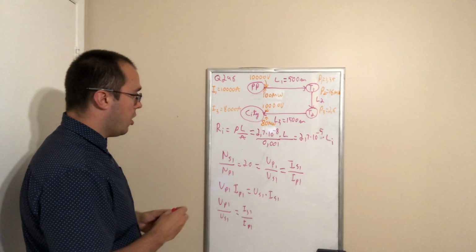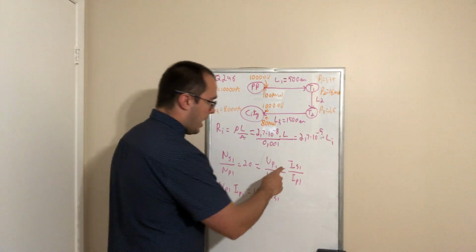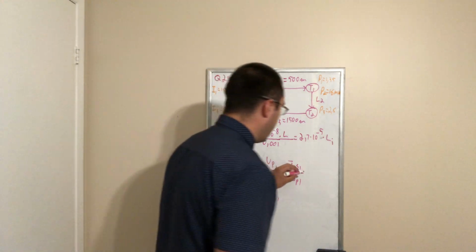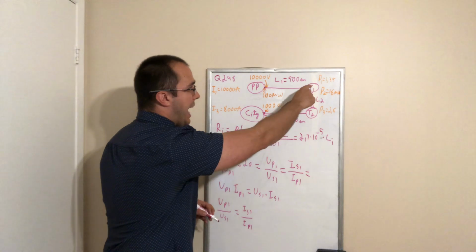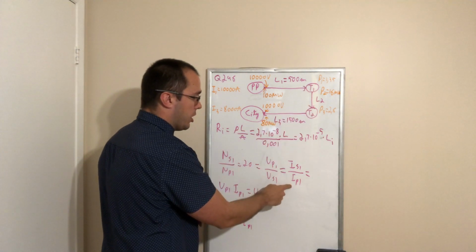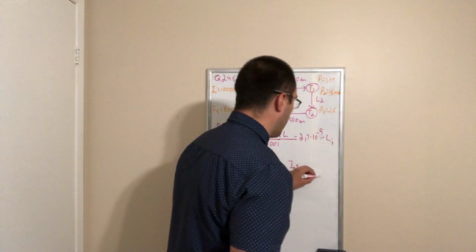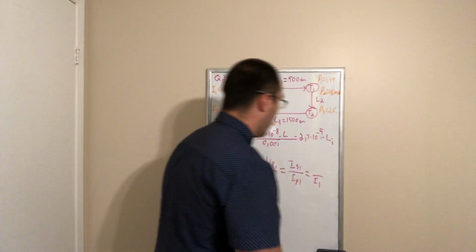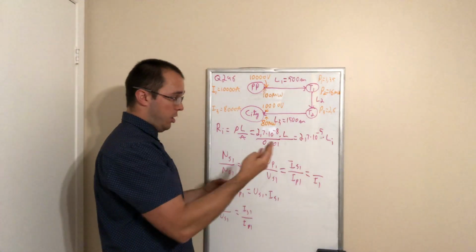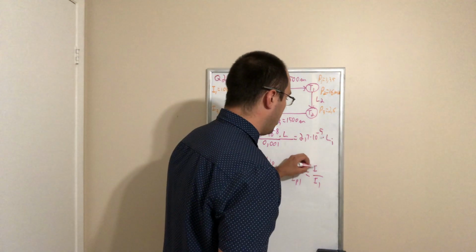So here in this case, let's identify correctly which one is the current coming out of the transformer and the current coming in. The current coming into the transformer is I1. The current coming out of the transformer T1 is I2.